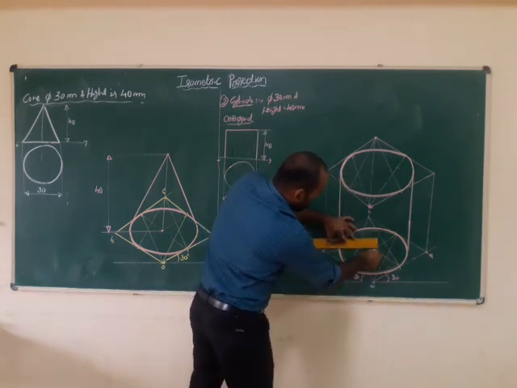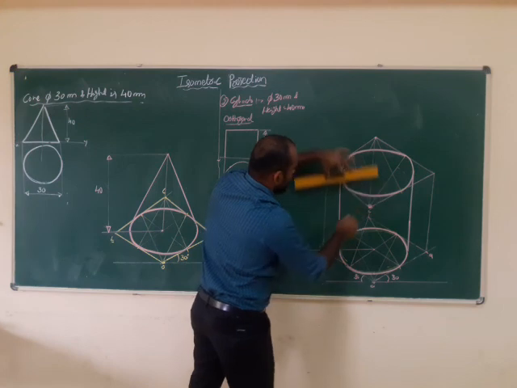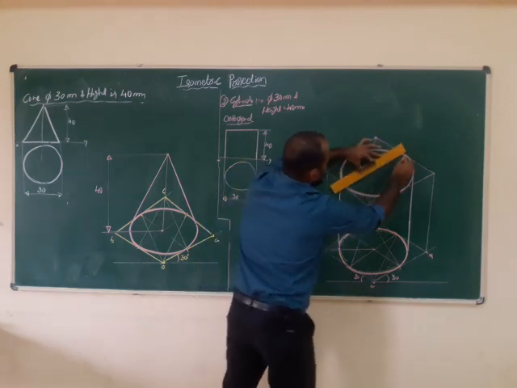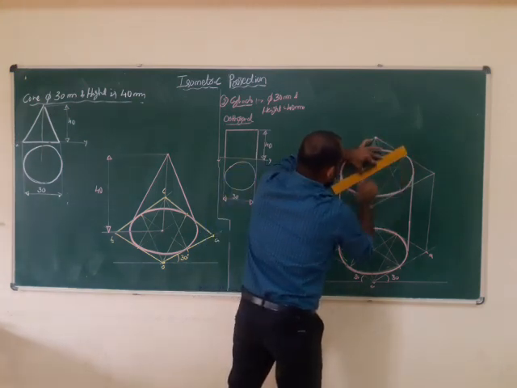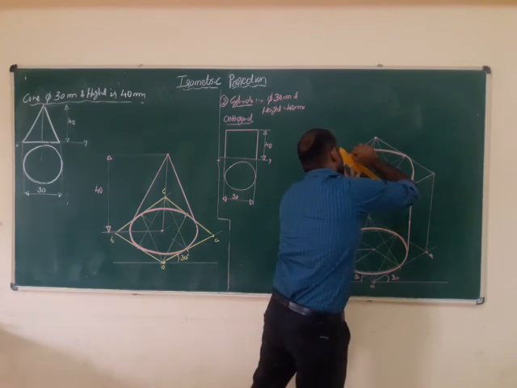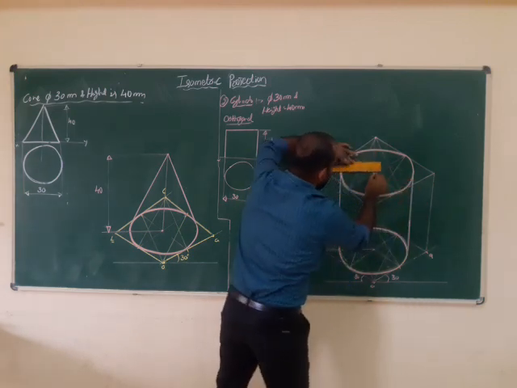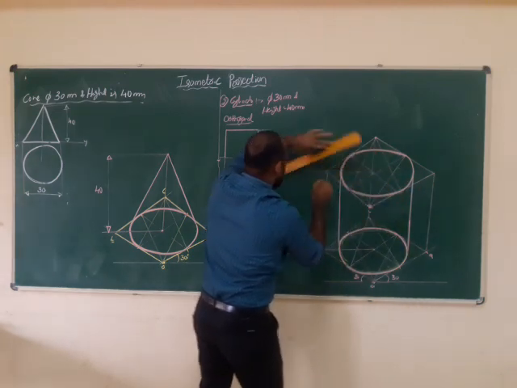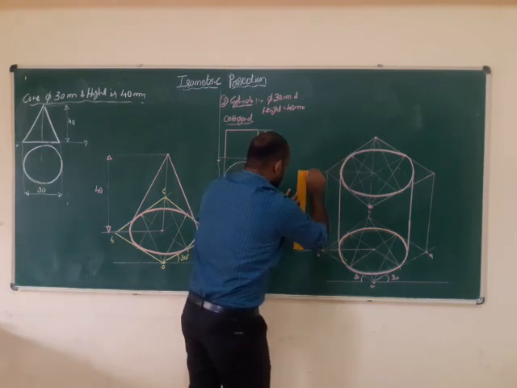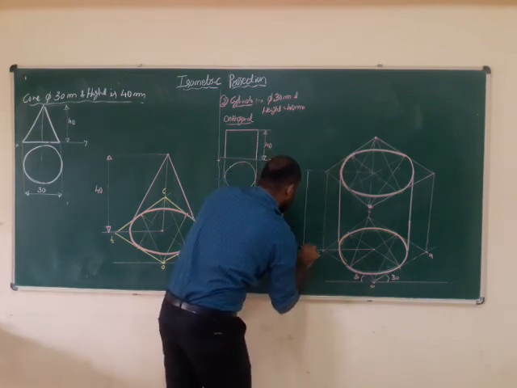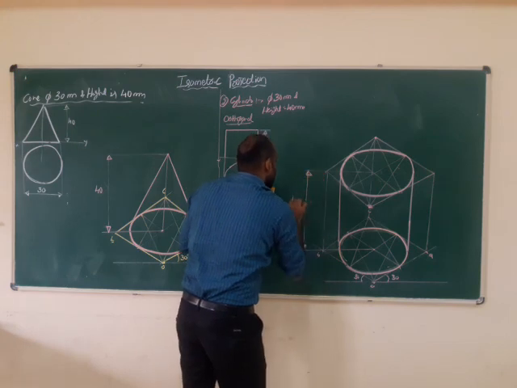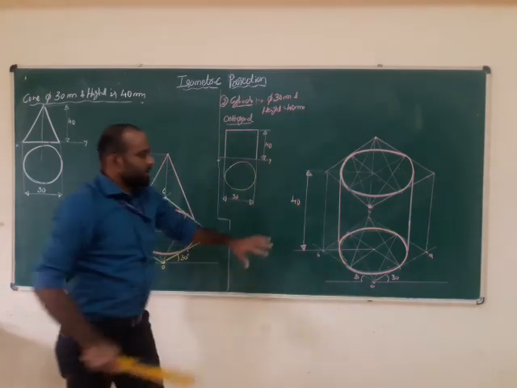Now center to center line, the height is 40 mm. This is called a cylinder.